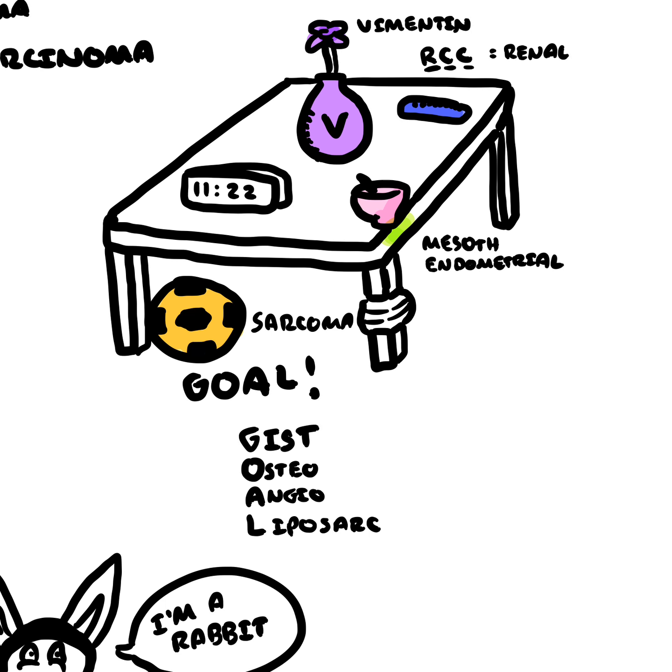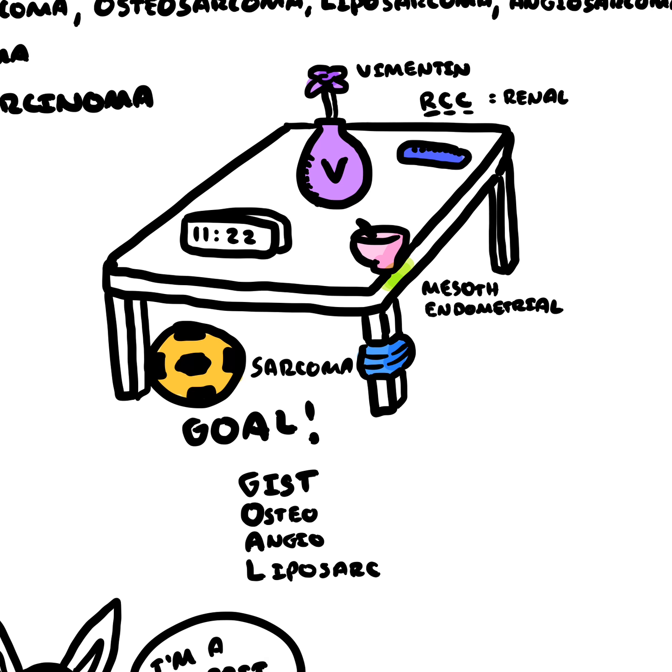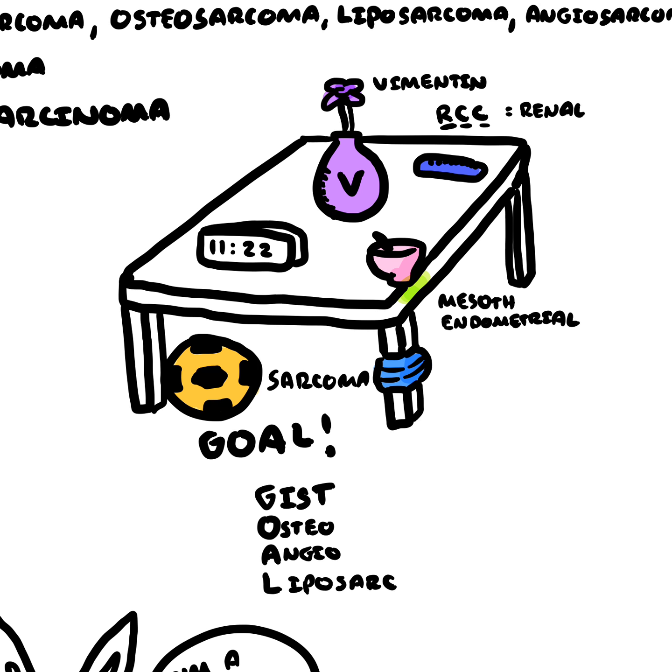It's also associated with chondrosarcoma, which is cartilaginous. So I put this little ACE bandage on there. It's a really cheap memory device, but maybe it'll work. And then we have a clock in the middle of the table, and it says 11:22 on it. So what does an 11:22 translocation signify? That's for Ewing's.